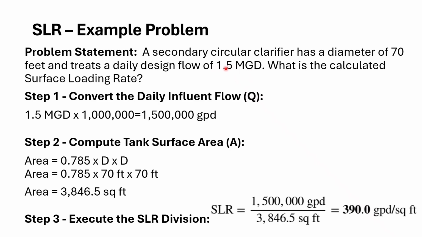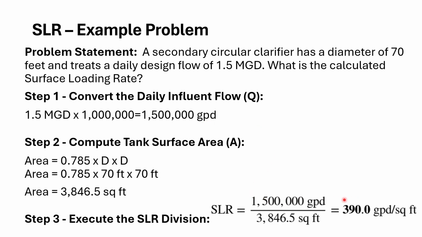We want to go to gallons per day. So we take that 1.5 mgd, multiply it by a million, we get 1,500,000 gallons per day. The tank surface area, it's a diameter of 70 feet, so it's just 0.785 times 70 times 70, diameter times diameter. You do that, you get 3,846.5 square feet.